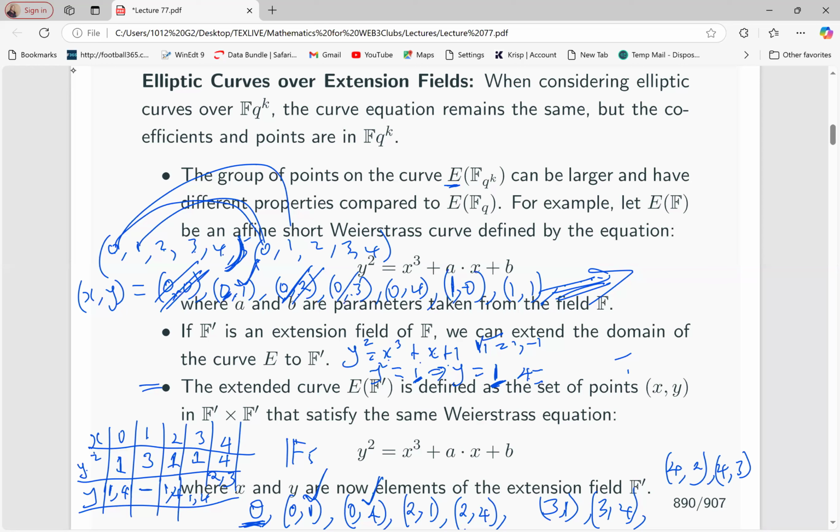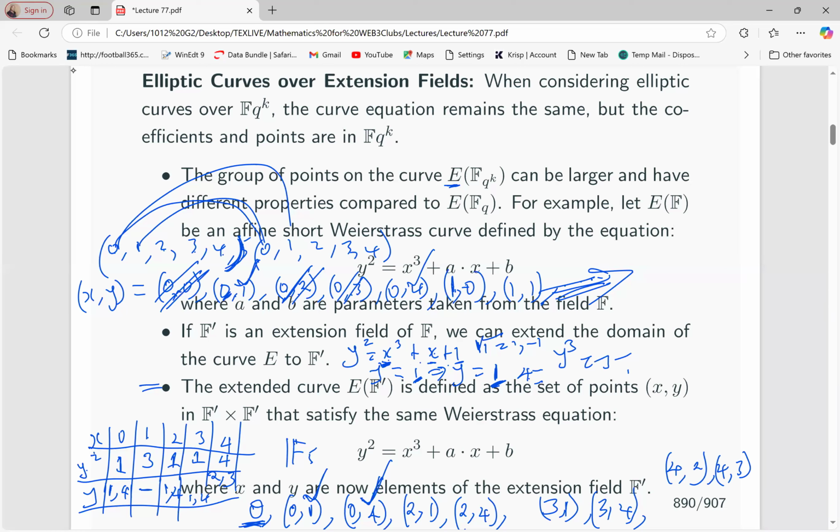So when x is 0, again, y can never be 3. When x is 0, y can be 4. So this is correct. Now you check when x is 1. When x is 1, we have 1 cubed plus 1, which is 2, plus 1, that is 3. So y squared will be 3.